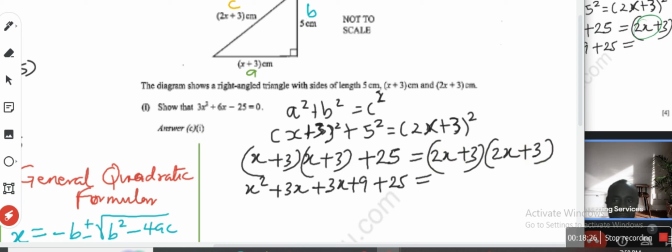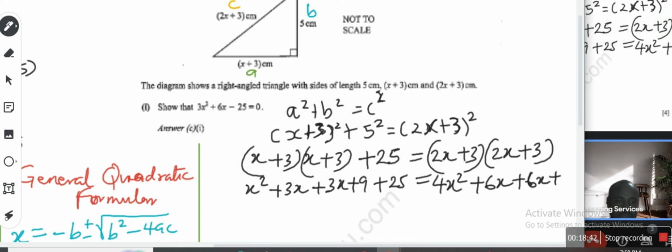That will give us 4x squared plus 6x. Also this times this, and this times this will give us plus 6x plus 9.